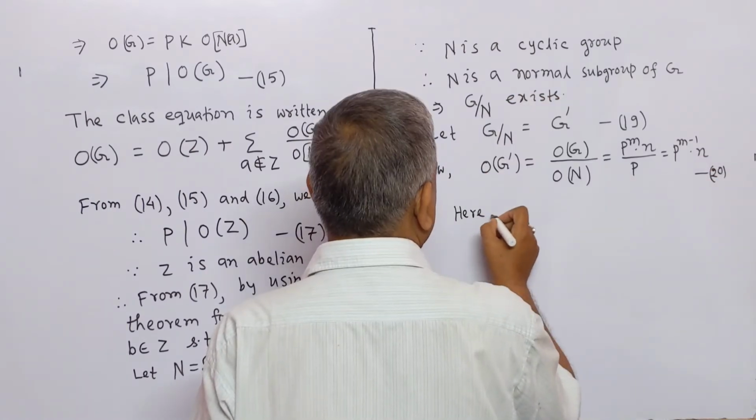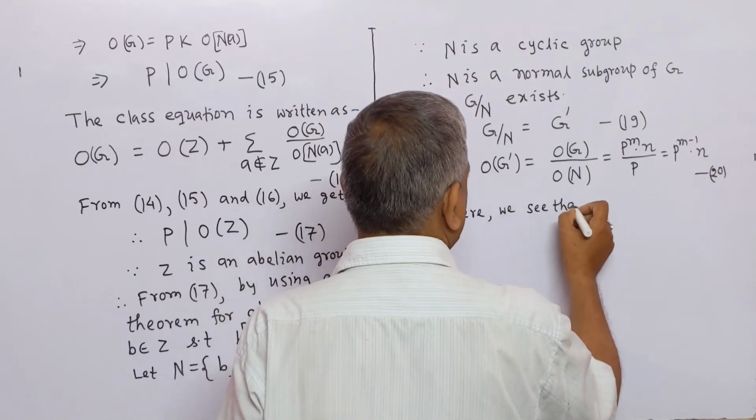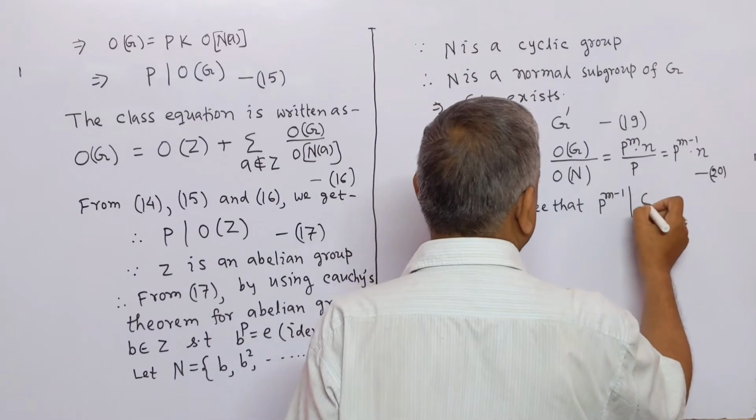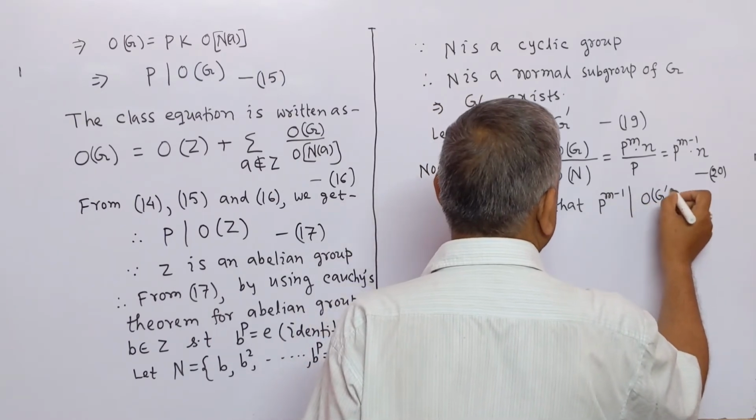Here we see that P to the power M minus 1 divides order of G prime.